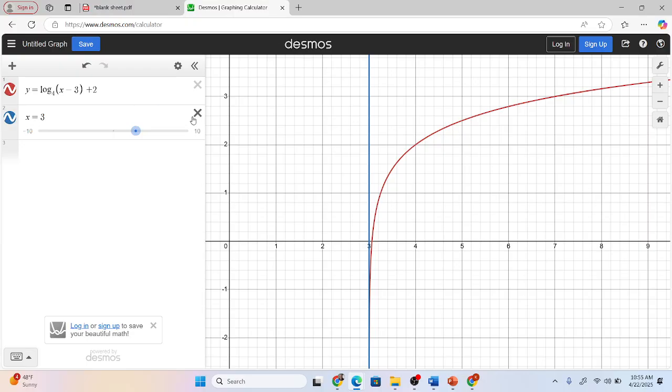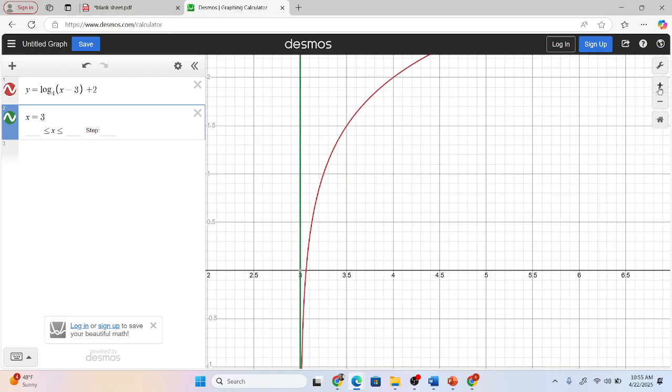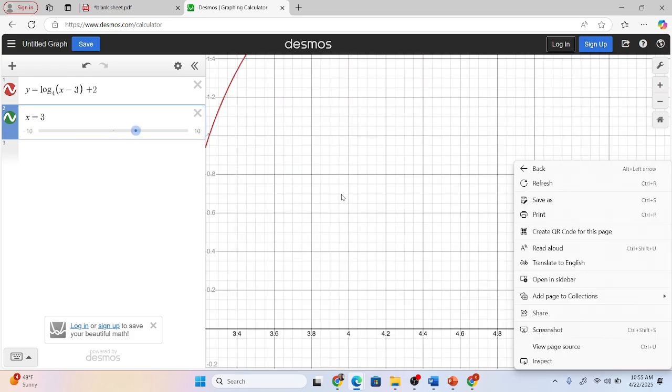There we go. That green line is my vertical asymptote. And all an asymptote line is, it's like a guideline for when you're graphing. Okay?